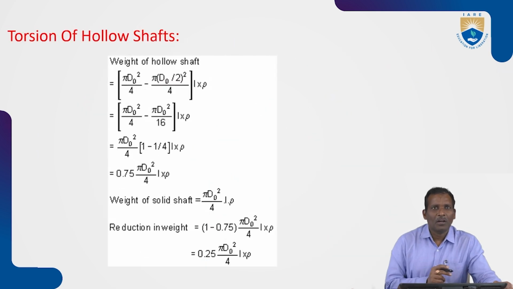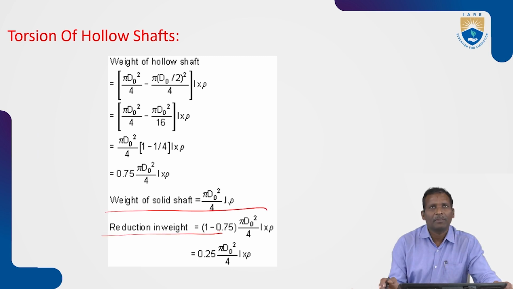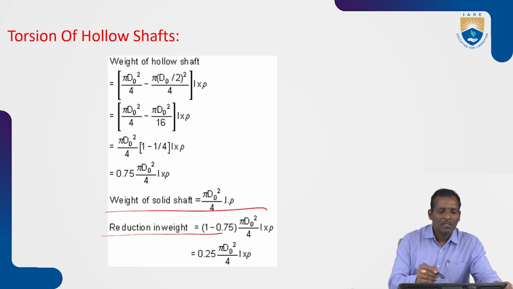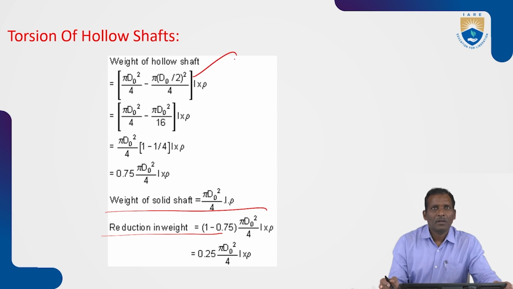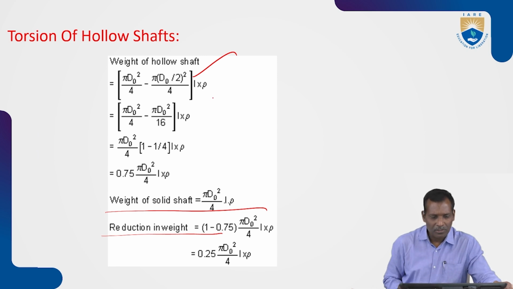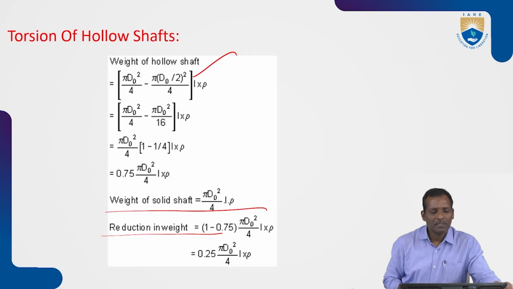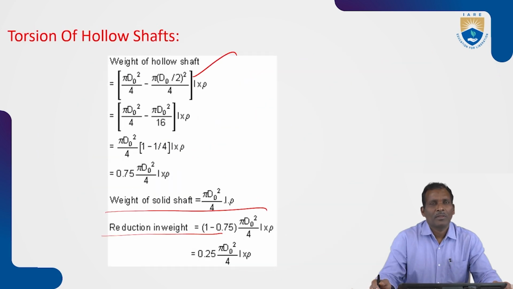So the weight of the solid shaft and the reduction in weight you have to calculate. The weight of the hollow shaft is area multiplied with length and density. So pi d naught square by 4 minus pi d naught by 2 whole square by 4. Why?